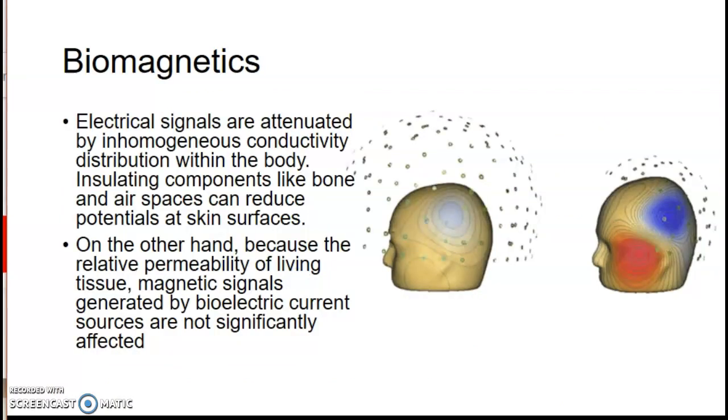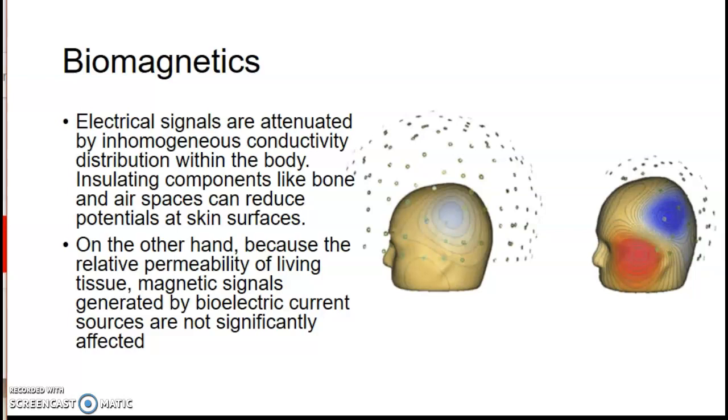Electrical signals are attenuated by inhomogeneous conductivity distribution within the body. They are affected by insulating components like the bones and air spaces that reduce potentials at the skin surfaces, which means they're prone to errors when detecting them.